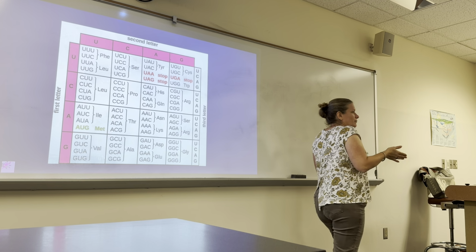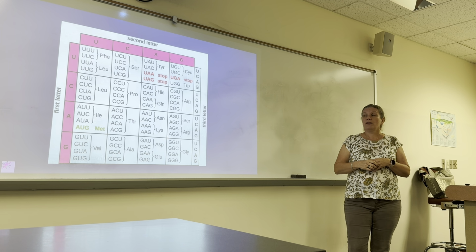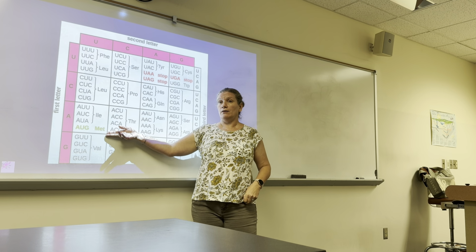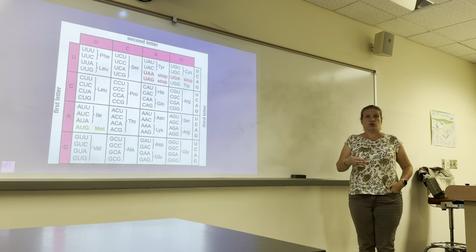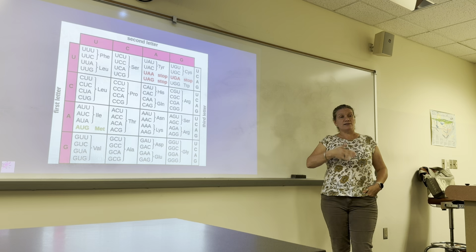For the most part, most of your proteins will start with AUG, and that codes for the amino acid methionine. So that'll be the first of the amino acids, and that sets up the reading frame.